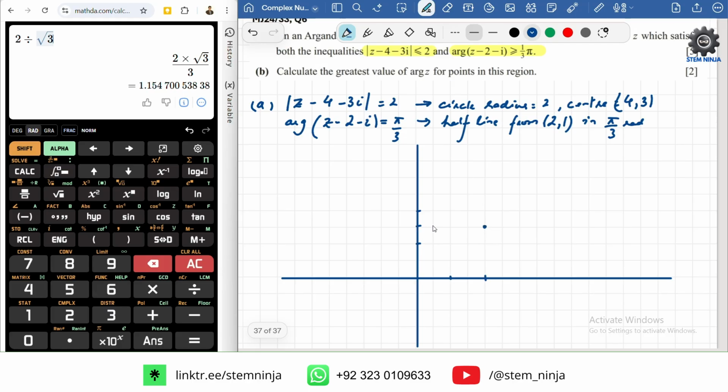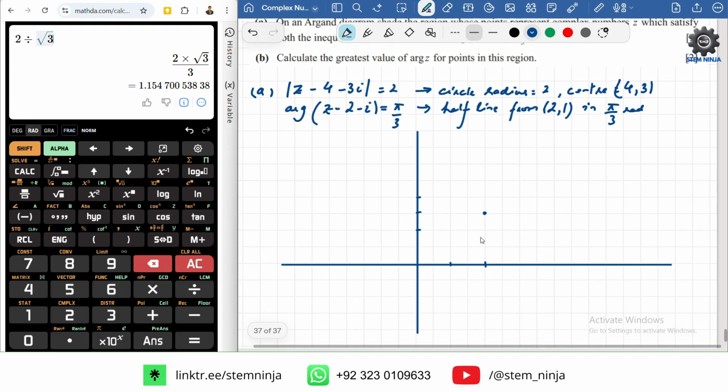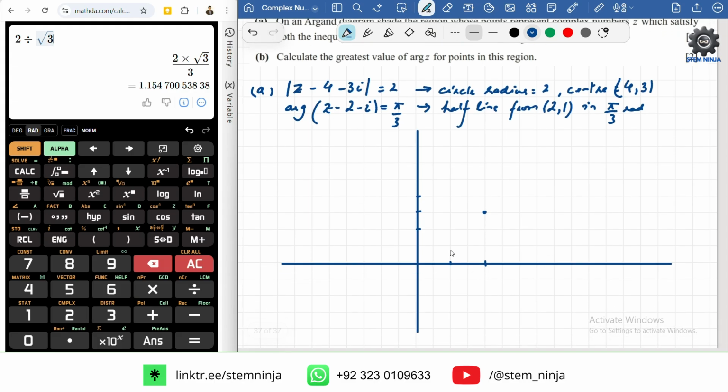This is 4, 3. This is your center of the circle. We have just marked it for a second. And you have 2, 1 right over here, the line. Okay? So first we draw the circle, radius 2. So this is going to be this, and this.